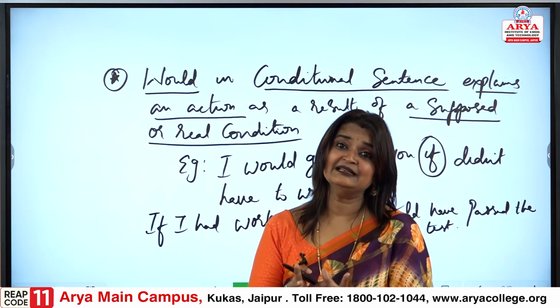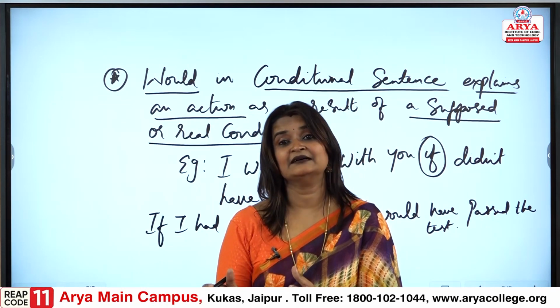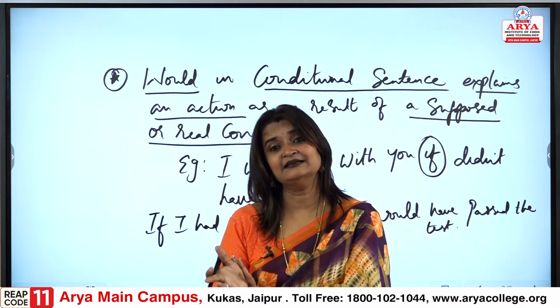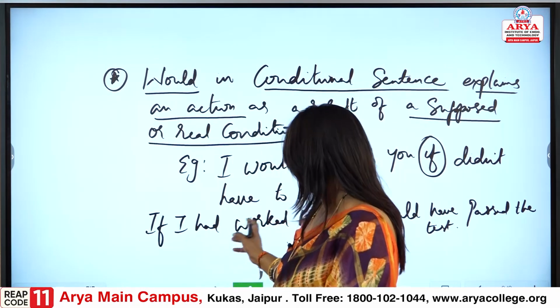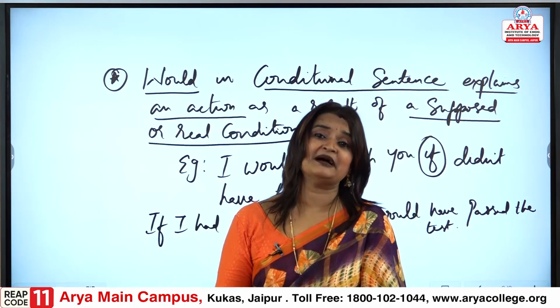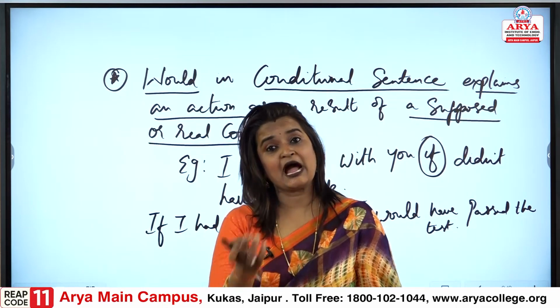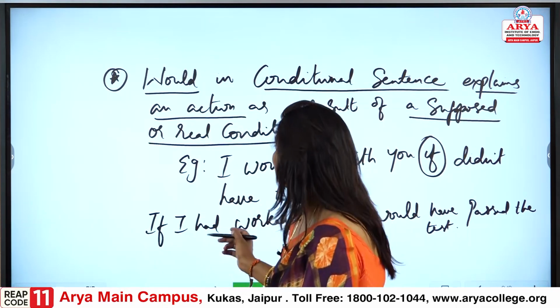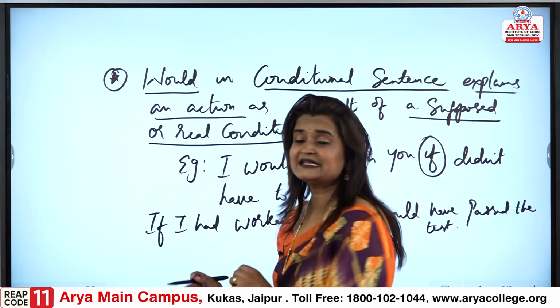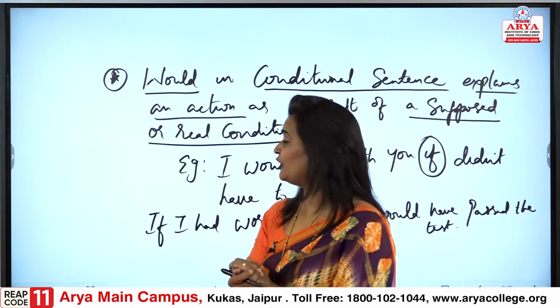What was the reason? I did not work harder. If I had worked harder, I would have passed. Or even, if I would have worked harder, I would have passed. Fine. These two examples, I hope, make your understanding clear.